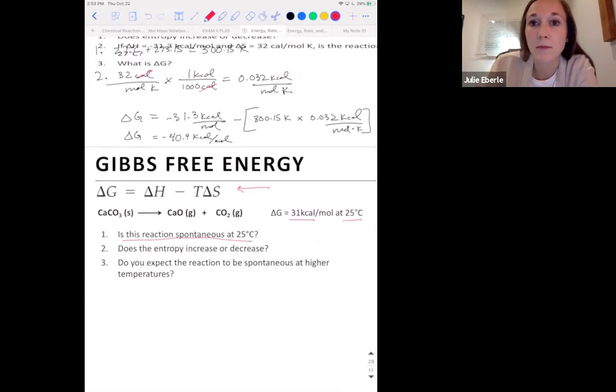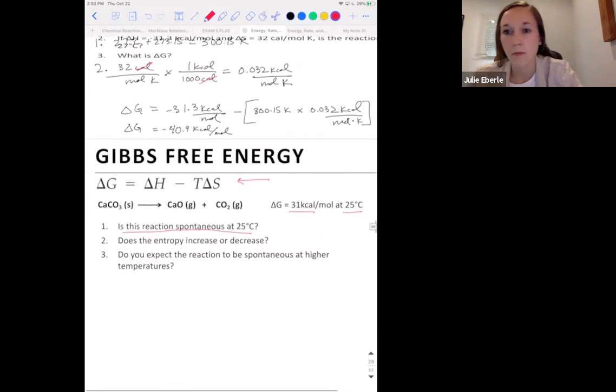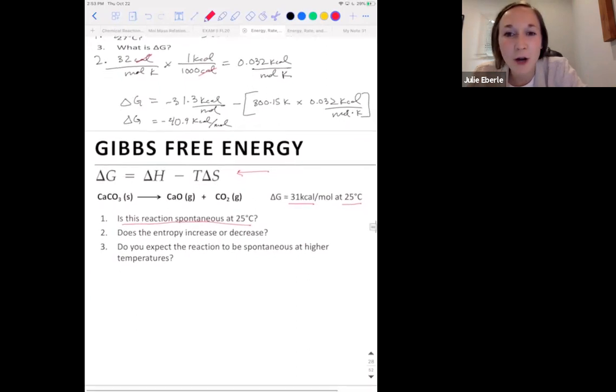I need to pull the chat up, because some of you might type the answer. What do y'all think? Is this reaction spontaneous? Anyone? How do we know if it's spontaneous or not? And remember, another word for spontaneous is favorable. Is it going to happen?